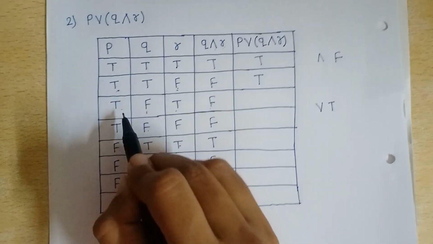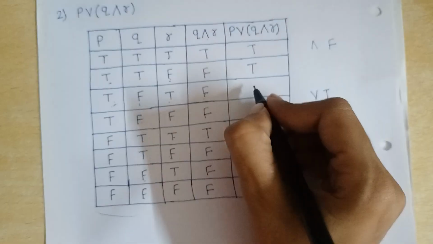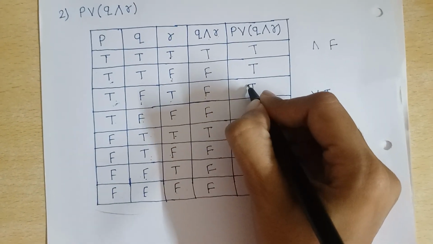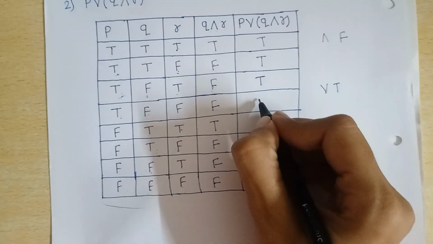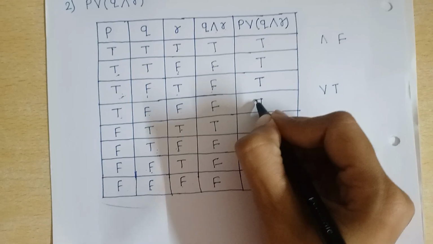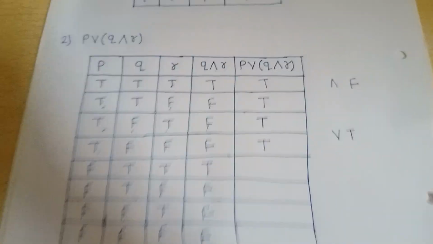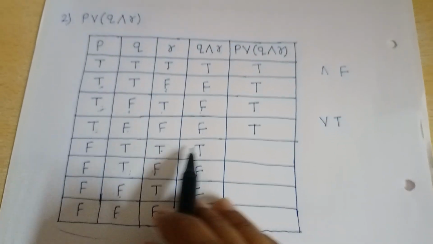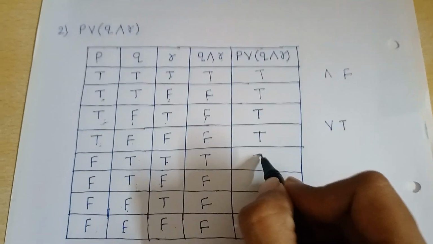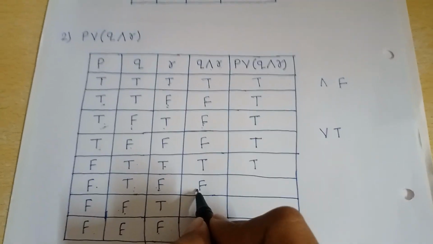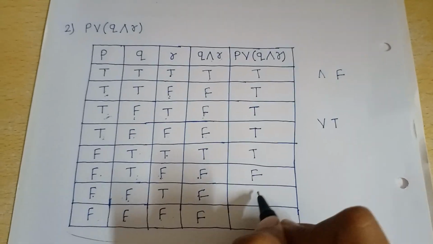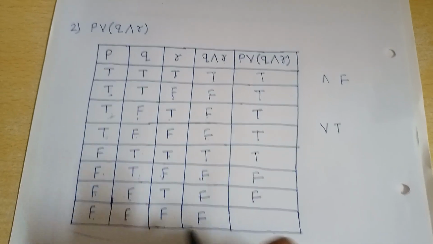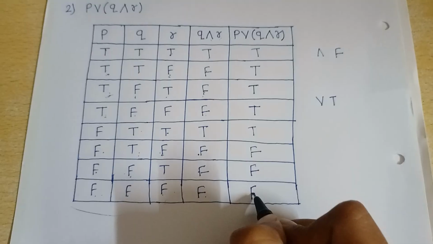Here T and F, one true value is present, result will be true. Here also one true is present, therefore value will be true. Here both are false, therefore value will be false. Both are false, value will be false. Both are false, value will be false.